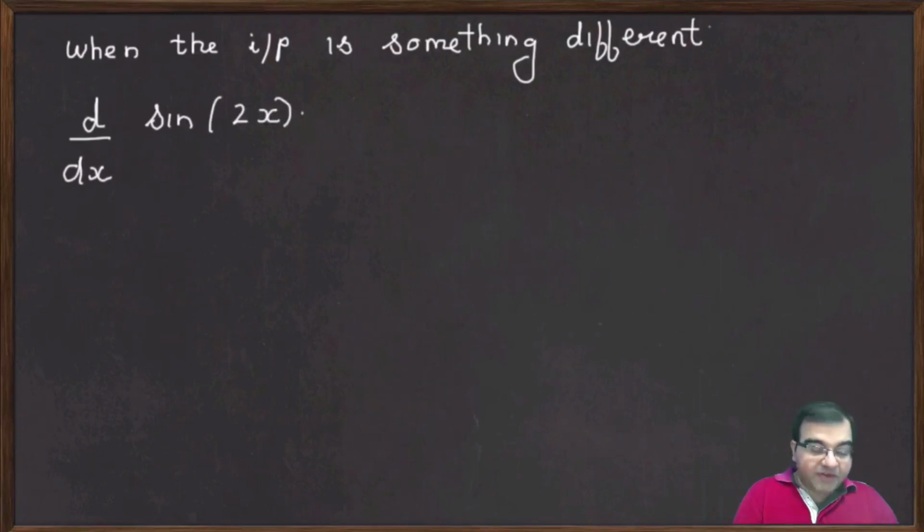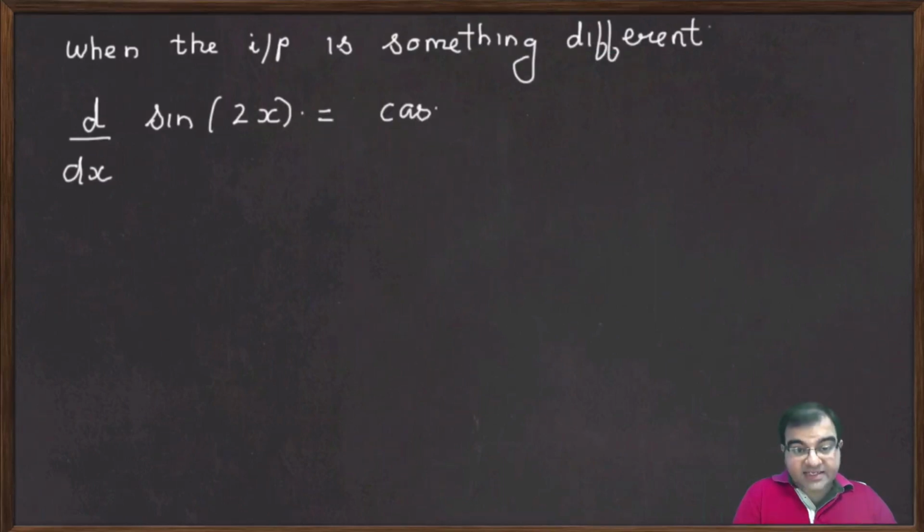So understand, I have written 2x with sine. So with sine, my input is 2x. But my input should have been x. Therefore, I say my input is something different. I repeat, with sine, my input is 2x, which should have been x.